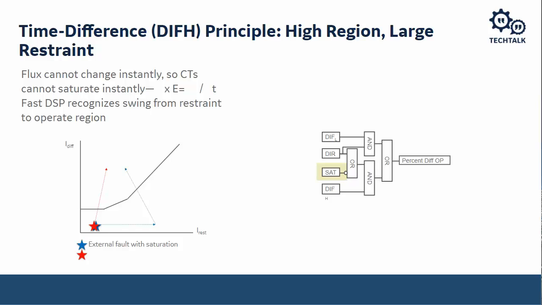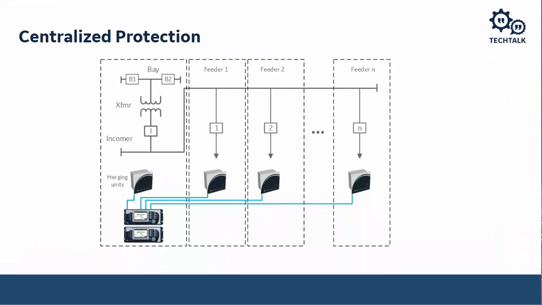The low impedance bus differential can also provide backup protection to your feeders. Going along that line, I want to talk about centralized protection. Centralized protection is another option that's available, and what we do here, as opposed to having individual relays at each feeder and then a separate bus differential relay, is have one relay, with merging units at the different feeders.